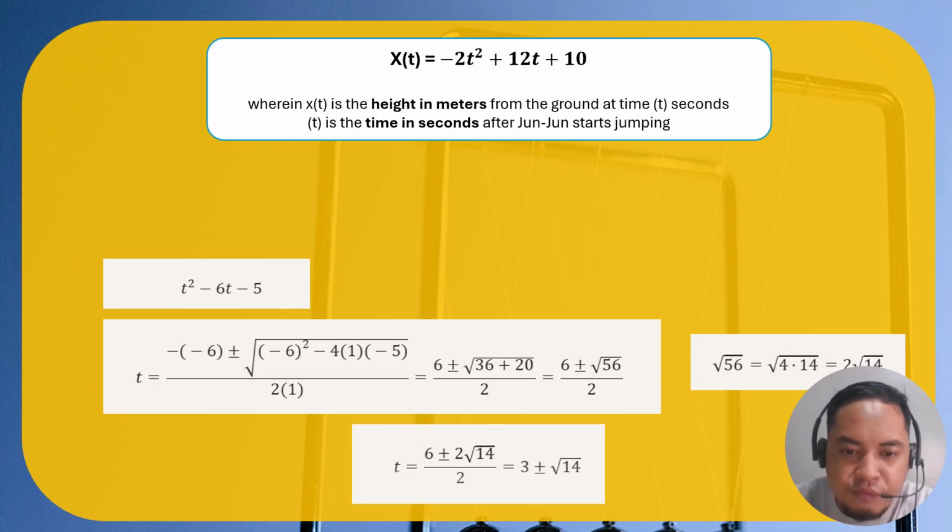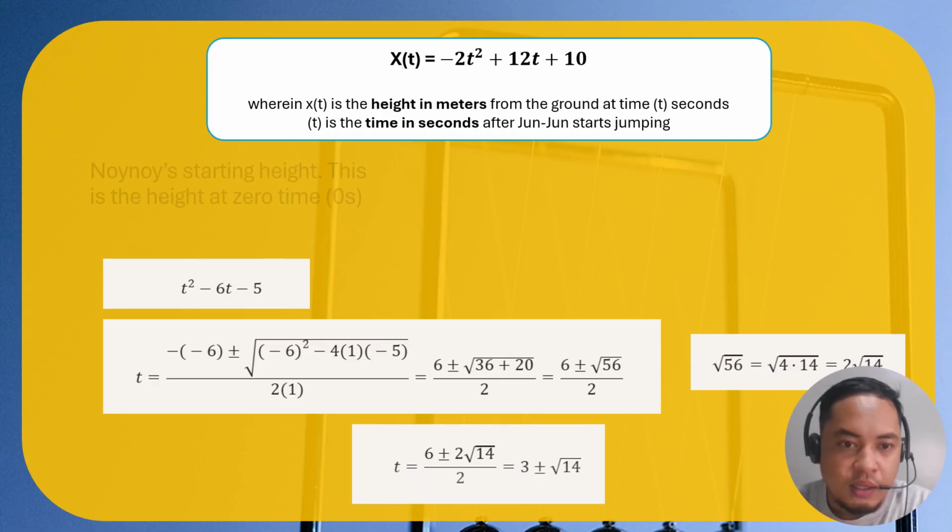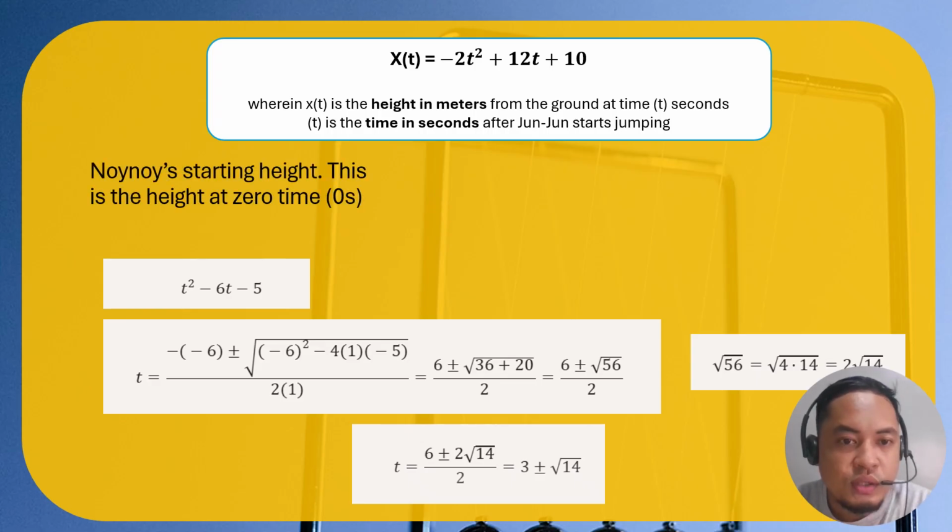At first, this is the height at zero time, from the initial time, where Noy Noy is standing. But then the time is also running when Noy Noy jumps.